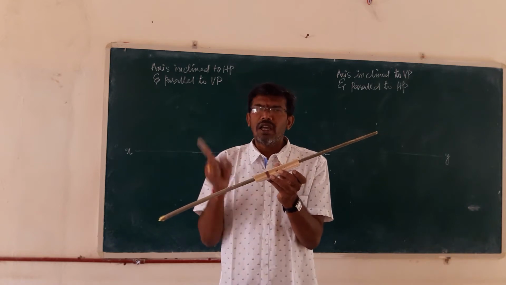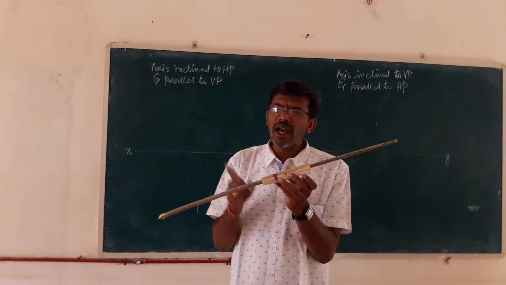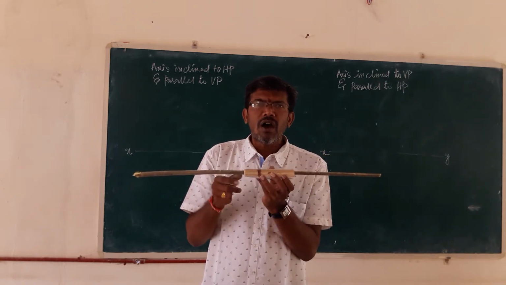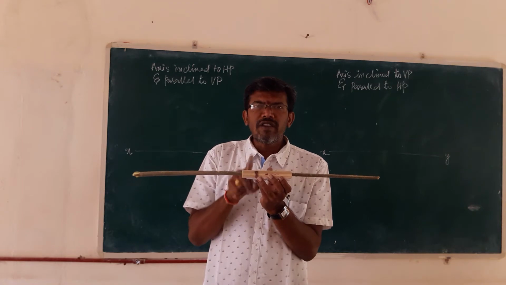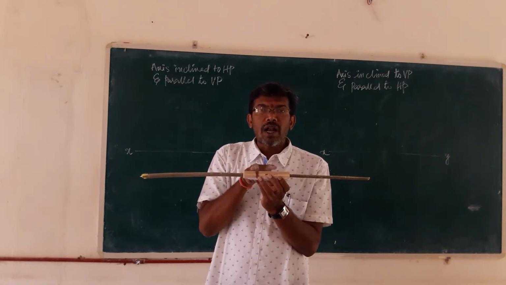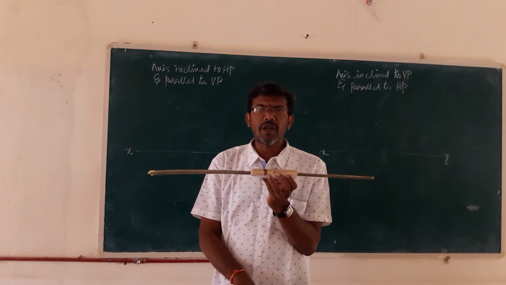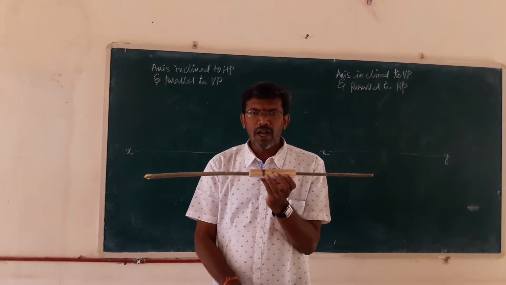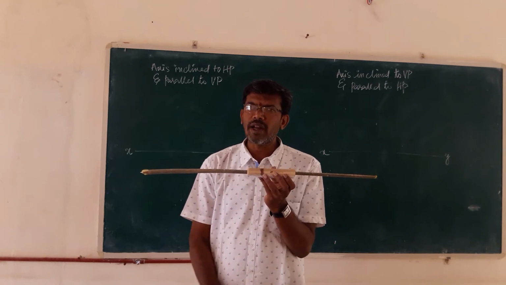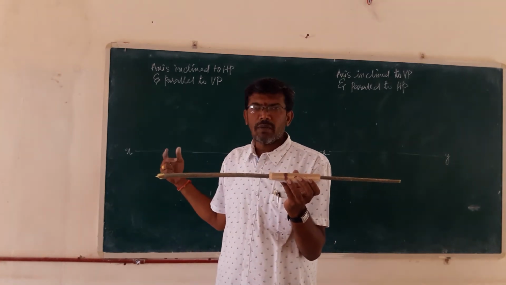The same terms of lines apply to solids also. So when a solid is inclined to the horizontal plane, the first assumption that we have to make is the solid is parallel to the horizontal plane, or the axis of the solid is parallel to the horizontal plane and parallel to the vertical plane.